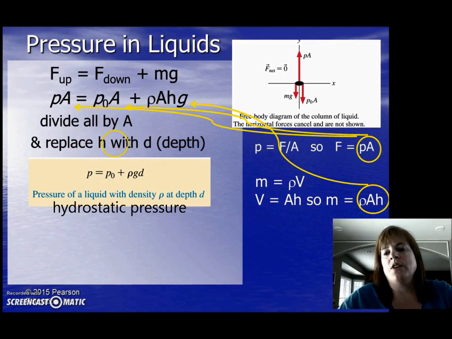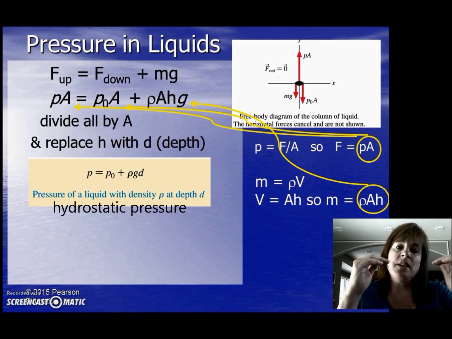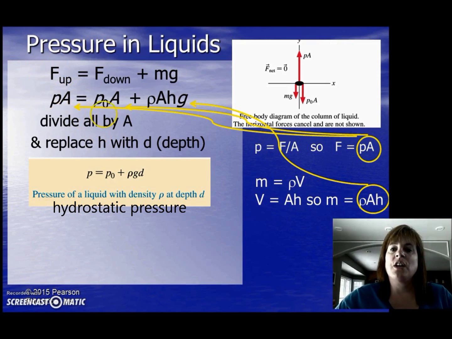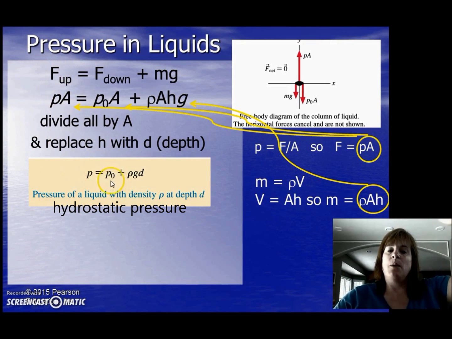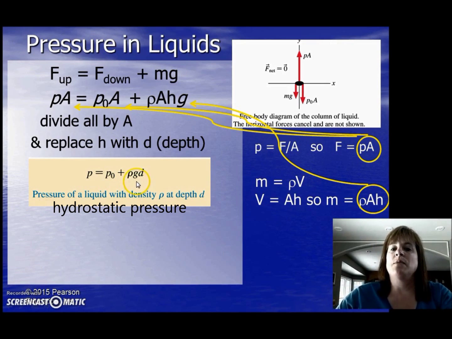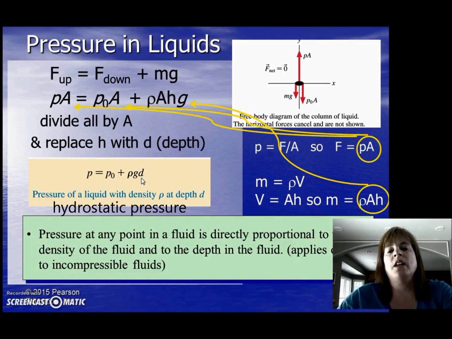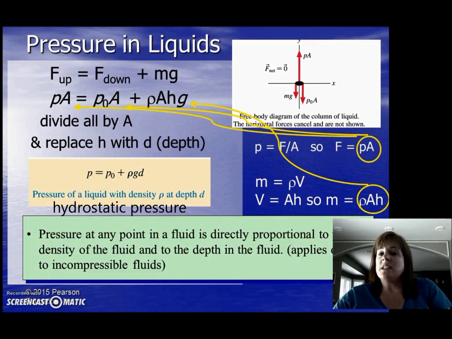That ends up with this equation, which is an equation from your book, that the pressure of a liquid at some depth is equal to the pressure coming from above the liquid, which in my case was the pressure of the atmosphere, plus the density of the liquid times gravity, the acceleration due to gravity, 9.8, times the depth inside the liquid. So the pressure at any point in a fluid is directly proportional to the density of that fluid and the depth of the fluid, or how high that fluid is in that container.